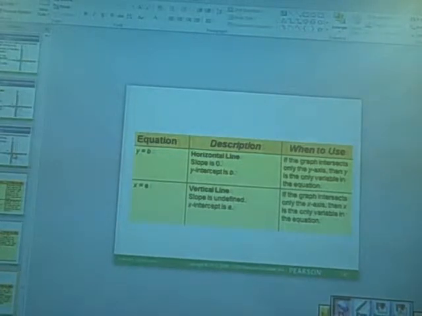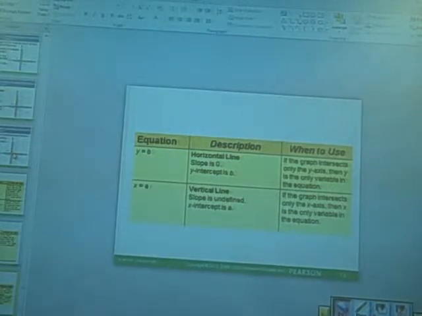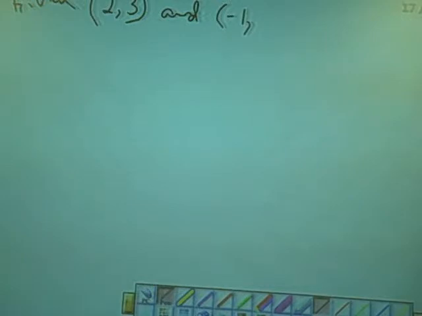Alright, let's try one more. This time, I'm going to have you guys work through this all the way through from beginning to end. Let's say that we have 2 points. And let's say we're given 2, 3, and -1, 2.